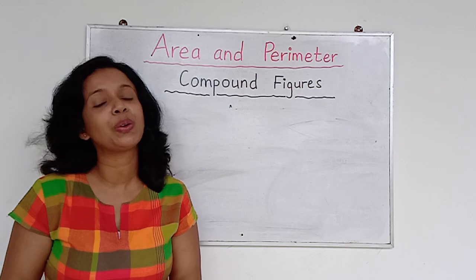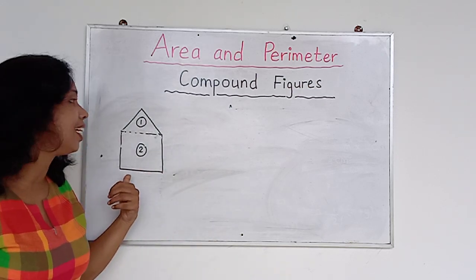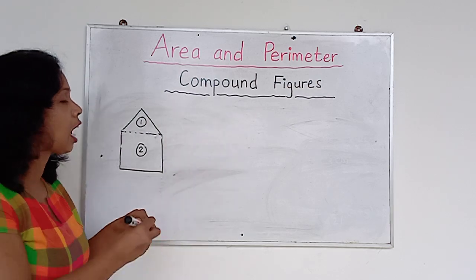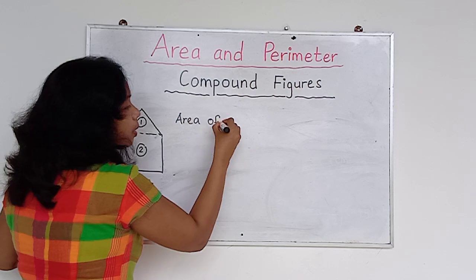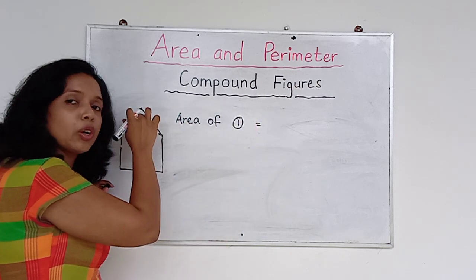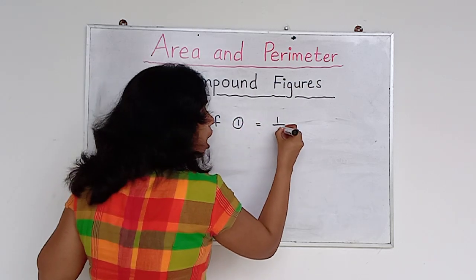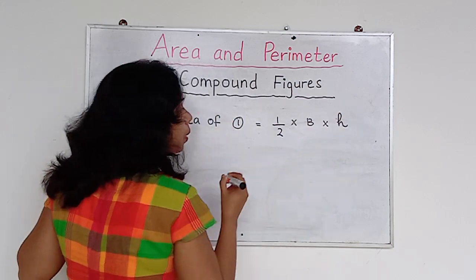Then tell me, how do you find the area of this type of compound figure? First you write area of number 1. So it is a triangle, and what is the formula? It is half times base times perpendicular height.